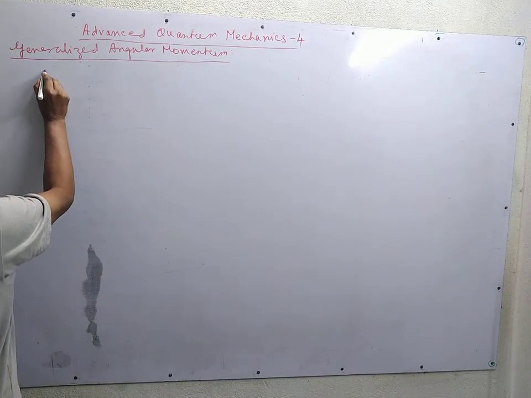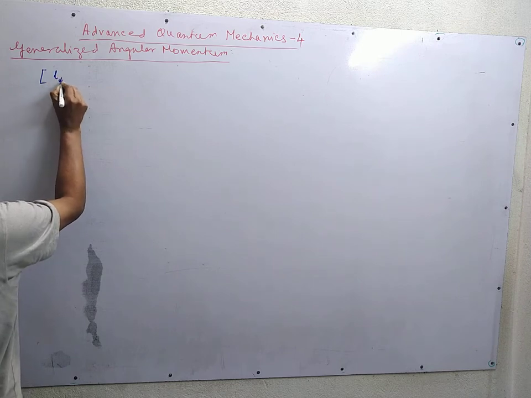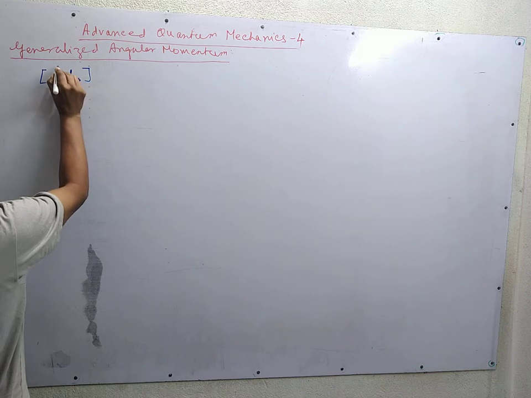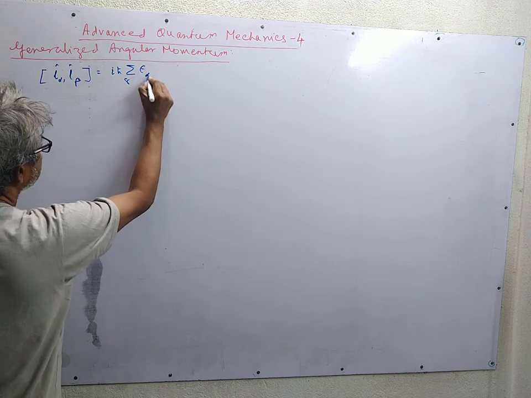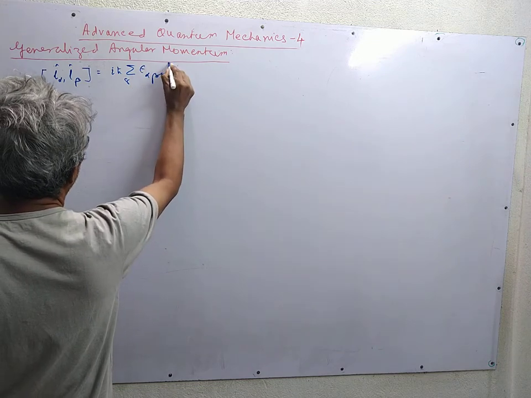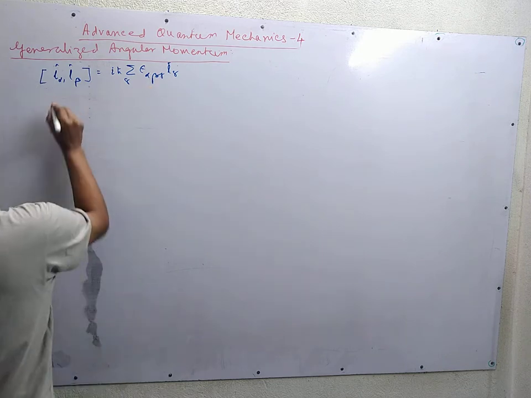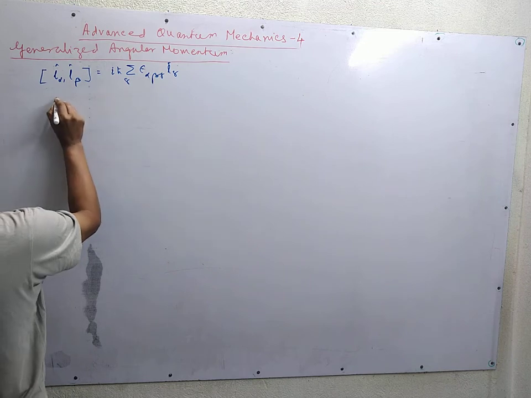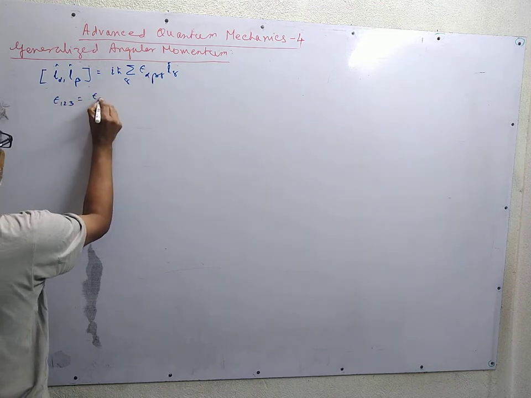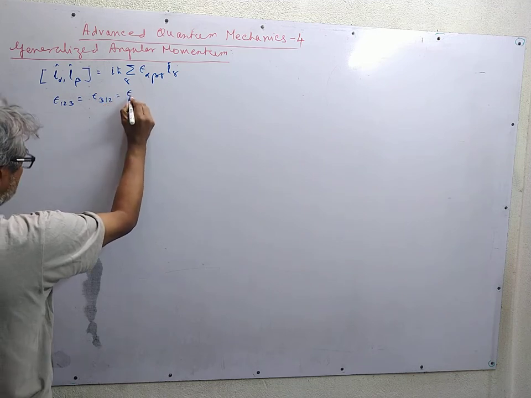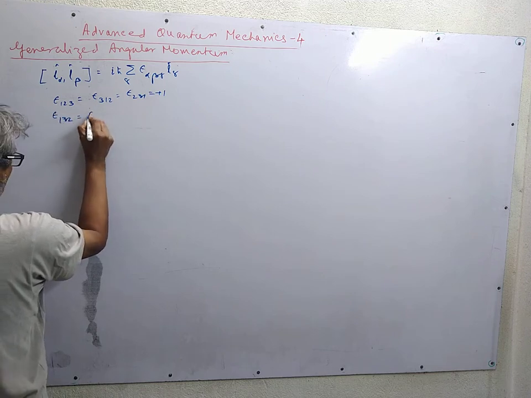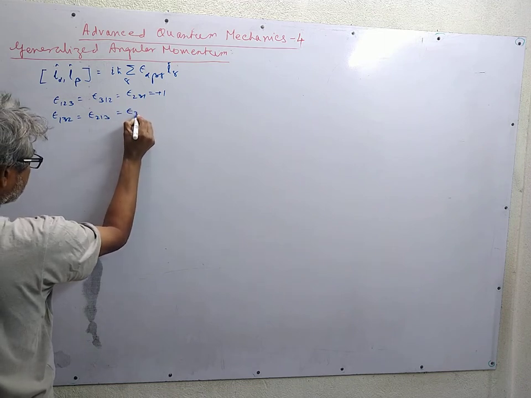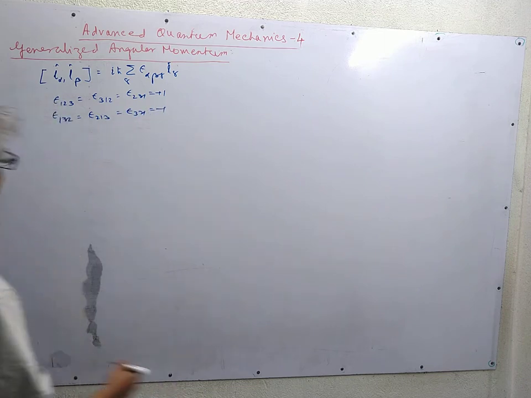Now we know that the Cartesian components of the L operator satisfy this commutator relation: [L_alpha, L_beta] equals i h-bar summation over gamma epsilon alpha beta gamma L gamma, where this is the Levi-Civita tensor, and epsilon 123 is equal to epsilon 312 is equal to epsilon 231 is equal to plus 1, epsilon 132, epsilon 213, epsilon 321 is equal to minus 1, and the other 21 values having repeated indices are 0.